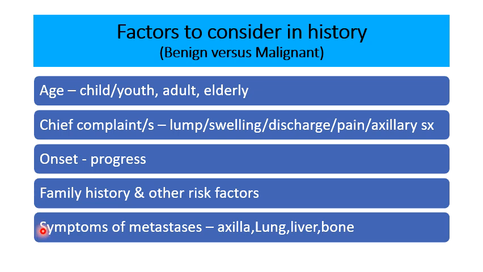And lastly, symptoms of metastasis, especially metastasis to the axilla, presence of an axillary lump. The other important sites will be the lung, liver, and bone, especially the spine. So it's very important to go through these features in detail with the patient and decide whether the lump is likely to be benign or malignant.